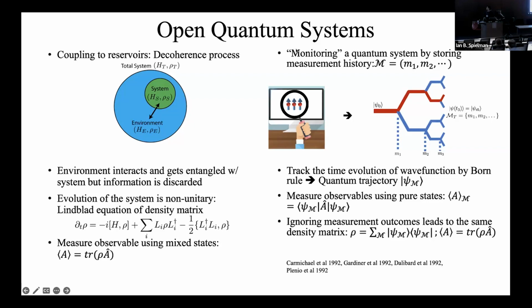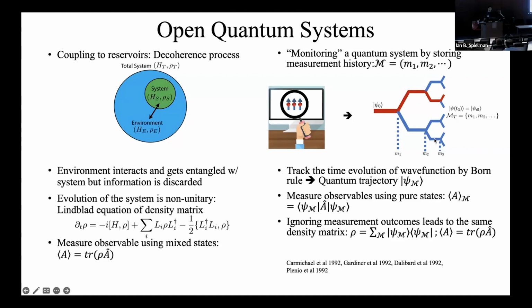However, if we have more resources and we're allowed to monitor how our quantum system is interacting with the environment, then the situation changes. Whenever the system makes an interaction with the environment, it projects the wave function of the system to one of its eigenstates.